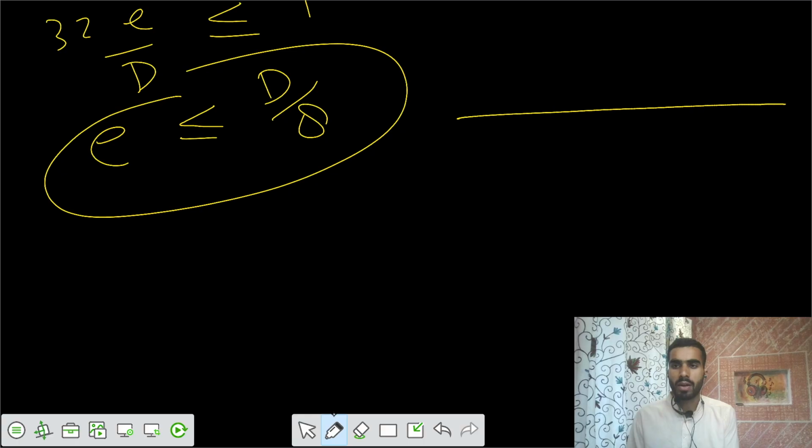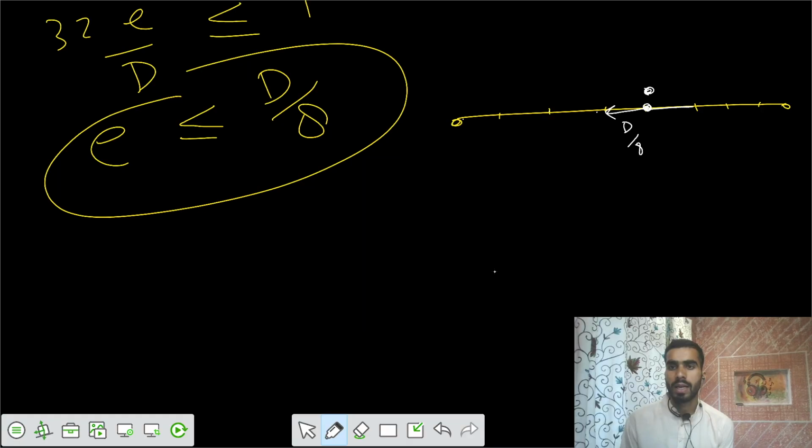So if there is a diameter of D, so 1, 2, 3, 4, 5, 6, 7, 8. So the load should be such that, let's say the center is at 1, 2, 3, 4. So this is your center. Let's call it O, the center. From the center you can go up to a maximum value of D by 8.